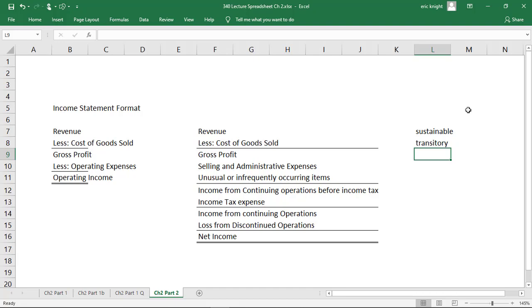So in this version of the income statement, we break that out. We see the unusual and infrequently occurring items broken out so we can see some of the transitory items. And we also see something called a discontinued operation. So discontinued operations are elements of the business that we're no longer going to have.